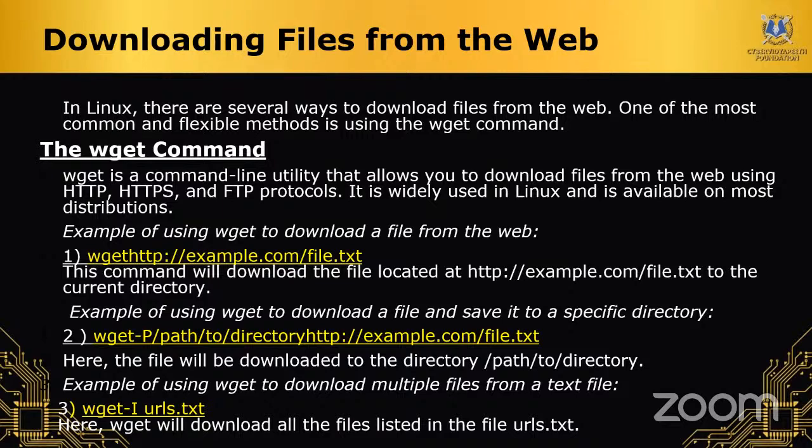Wget is a very popular command in Linux, which is used for downloading files from the internet. It allows you to get files, web pages, and resources from remote servers via various network protocols. The wget command uses HTTP, HTTPS, FTP, and other protocols to download these files.